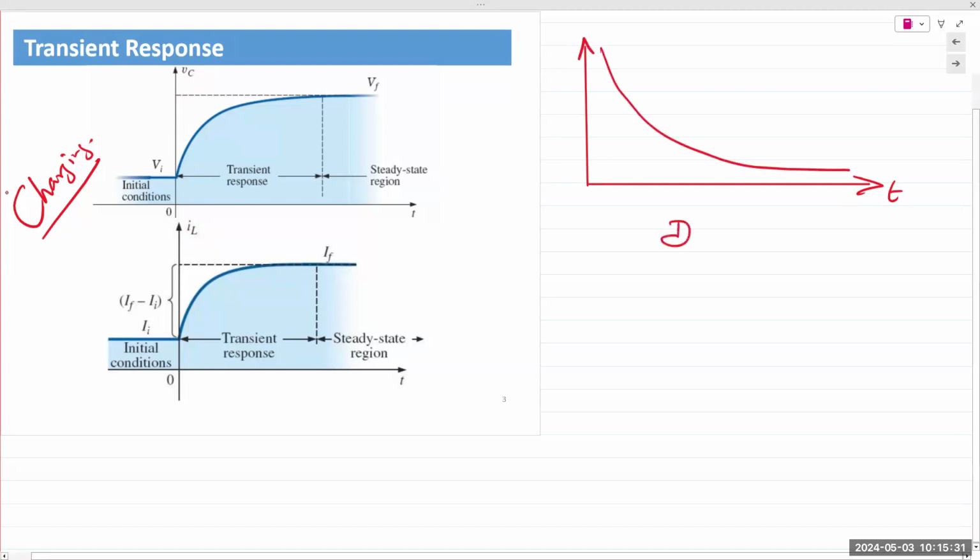So this is for discharging. Doesn't matter whether it's voltage, doesn't matter whether it's capacitor. If it's charging, it follows an exponential response like this. When it's discharging, it follows the exponential response that I drew on the right. And hence, all we need is one single equation that applies to all circuits.